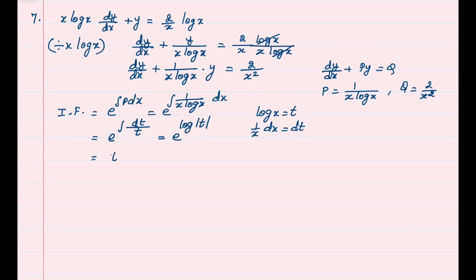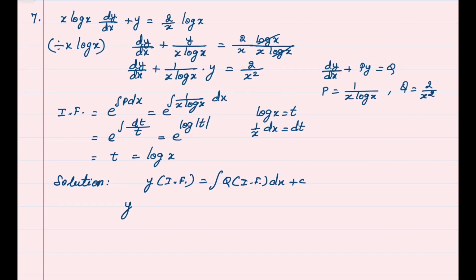We get t, which is log x. Here we need not write the absolute value sign because log x is already given in the question. We will write the solution formula. Y into integrating factor equal to integral q times integrating factor dx plus c.